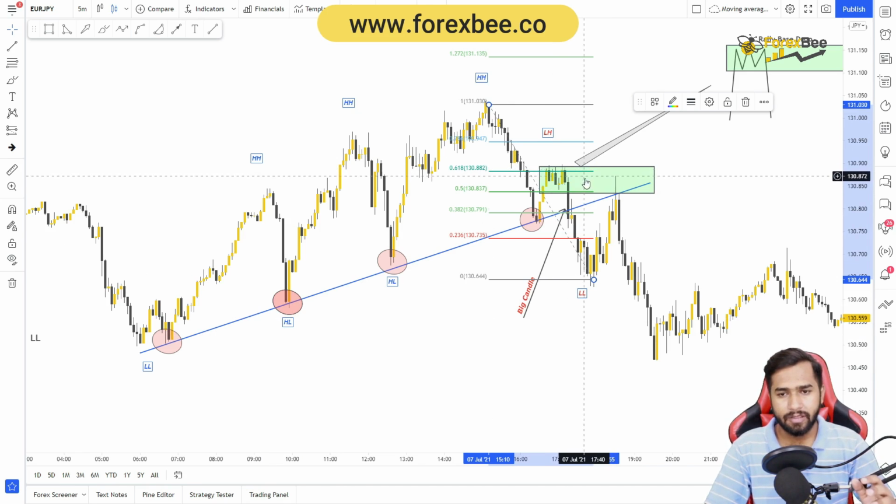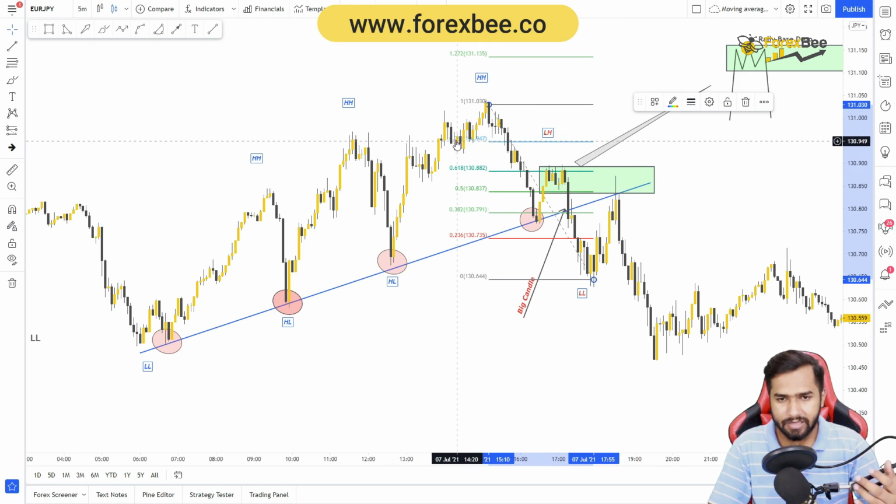So we're gonna take positions here, and we're gonna put our stop loss just above our supply zone. Or we can also put it at this level, at basically our 0.786 level.